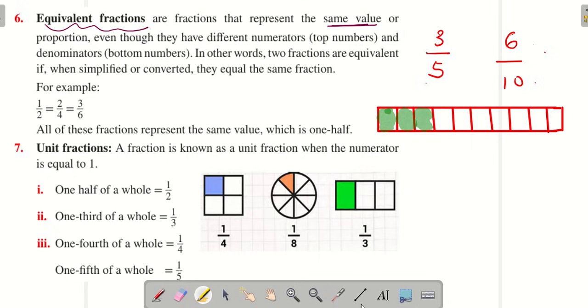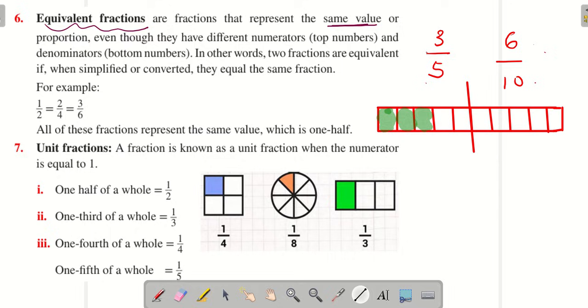But note that this whole figure can be divided into 2. So if I divide this into 2, then this is 3 out of 5, and the whole fraction is 6 out of 5.